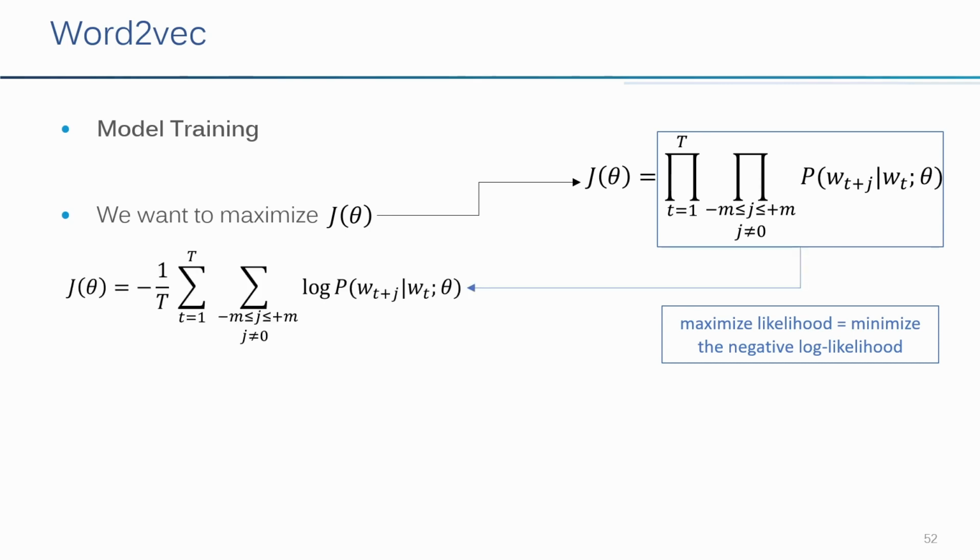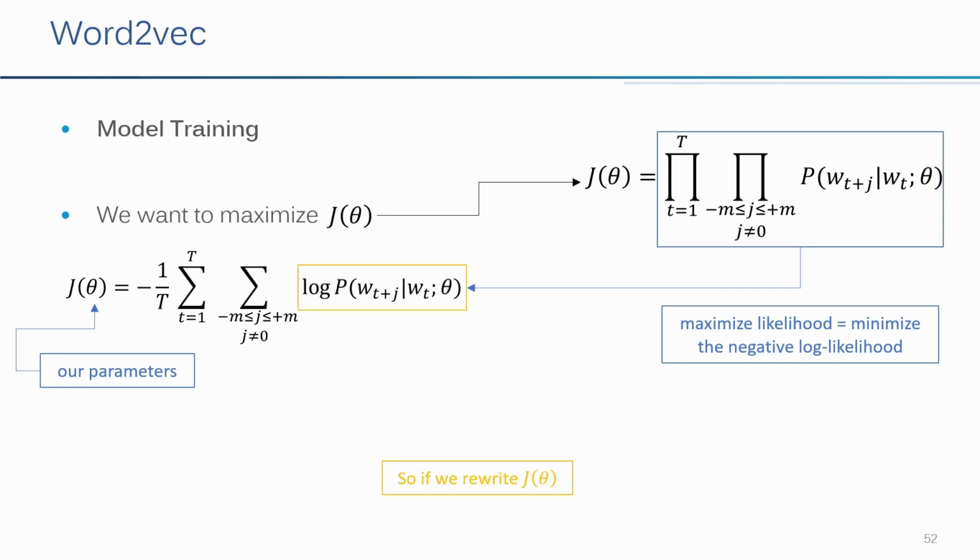So we alter this J right here to the negative log probabilities, and then we minimize this function. We already know that to calculate the probability, we take the exponential of the dot product of the center and context vectors, over the sum of all those vectors combined, all right?